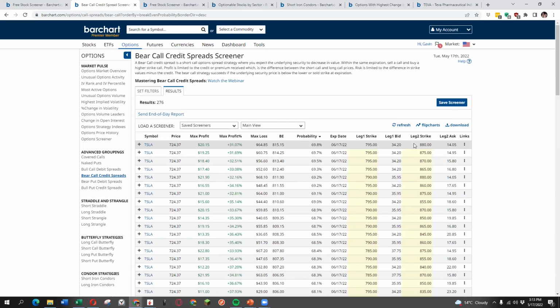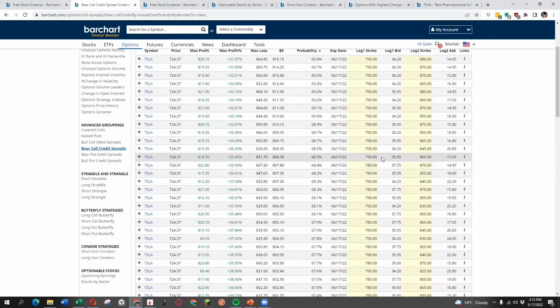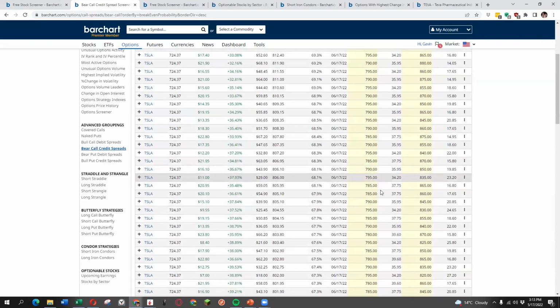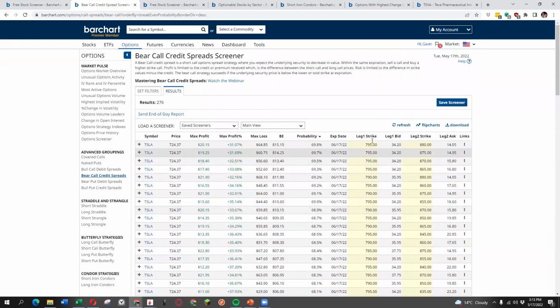And it's also quite wide. So we might want to look for something that's a little bit more narrow. So you can play around with those and try and find something that you like. But that's a great way to find trade ideas using Barchart.